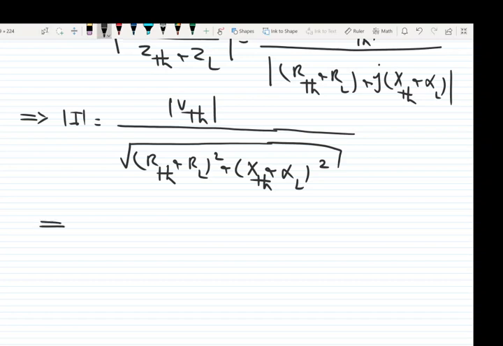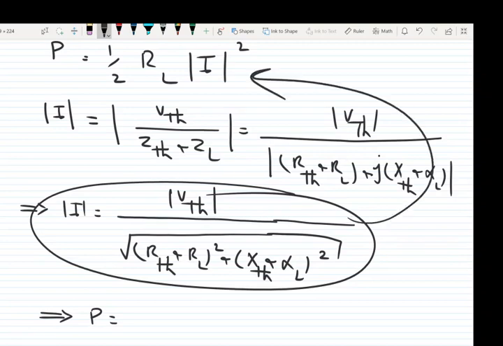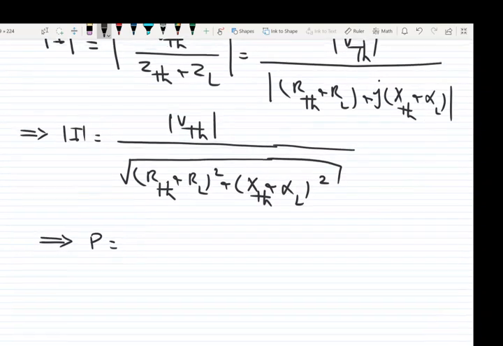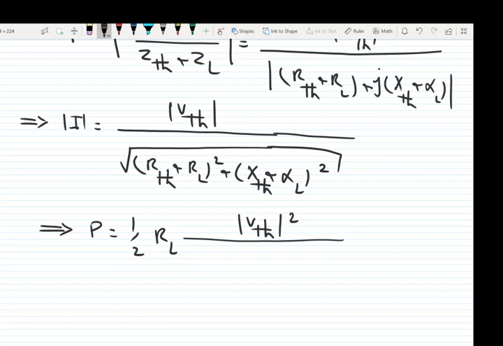Now that we got I, we can replace this value in the power equation. So P is equal to 1/2 of RL times V Thevenin square over (R Thevenin plus RL) square plus (X Thevenin plus XL) square.